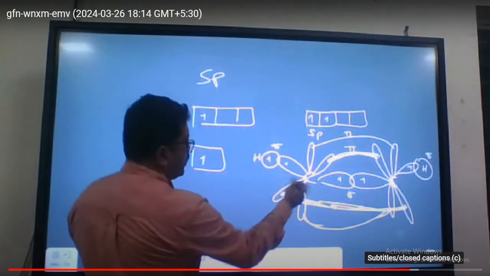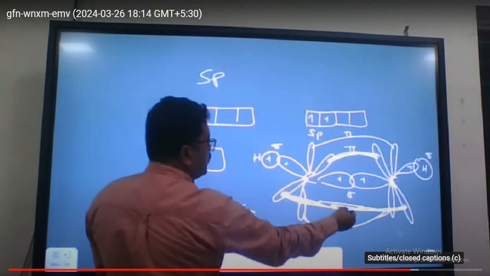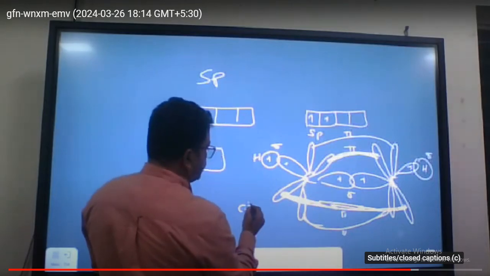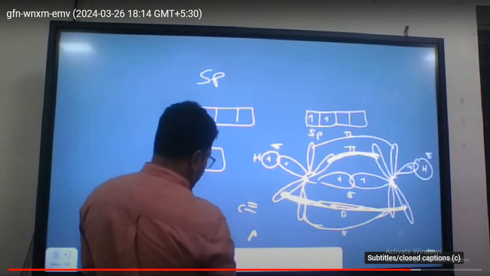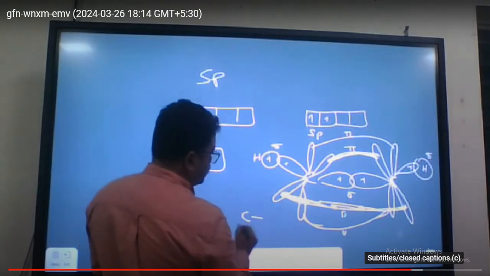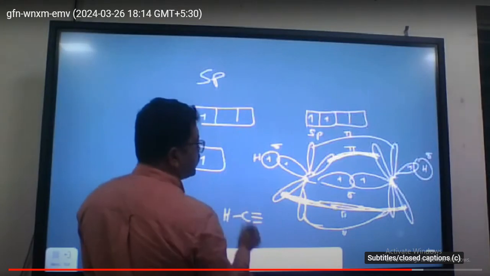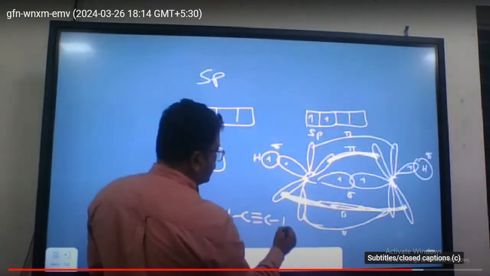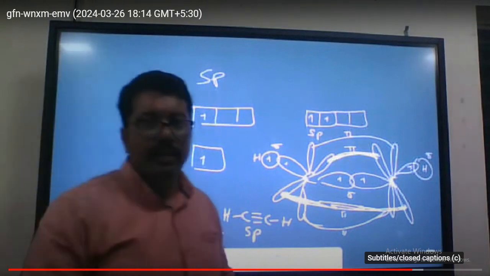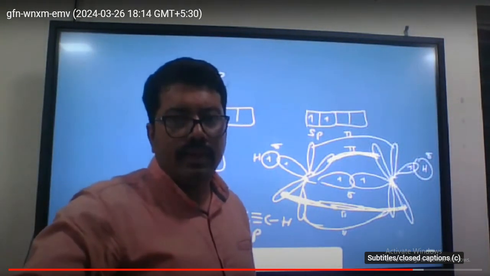So for this carbon, one sigma bond and 2 pi bonds. We take this carbon: one sigma bond, remaining 2 pi bonds. Next, only one hydrogen, and the next carbon also.